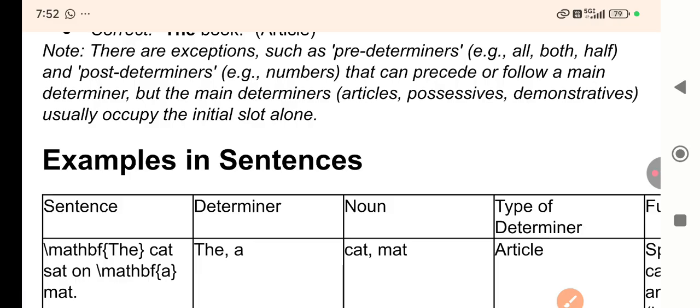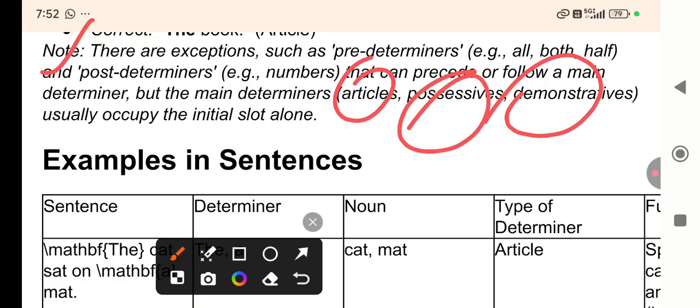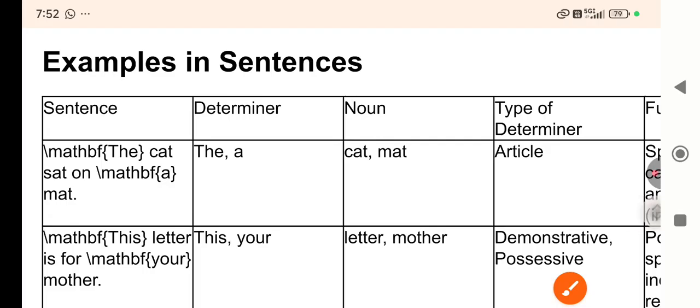So this is an exception where two determiners are used, but main determiners like articles, possessives, demonstratives usually occupy the initial slot alone. Okay, leave it. That's not too important right now. This video is made for understanding the determiners. So that is enough.